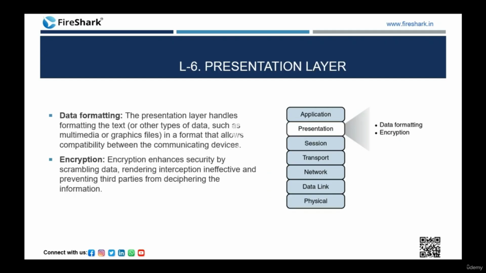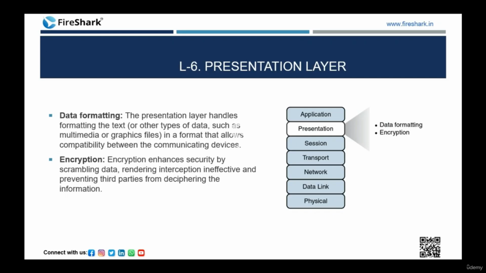Now next one is the presentation layer. So the presentation layer handles formatting the text or other types of data, such as multimedia or graphic files, in a format that allows compatibility between the communicating devices. Basically it formats the data when data travels from the application to the presentation layer. It needs formatting and encryption.